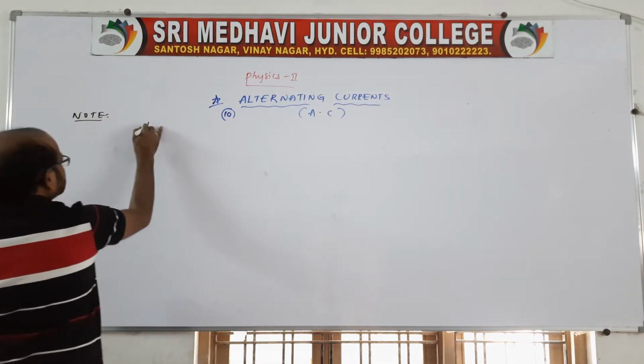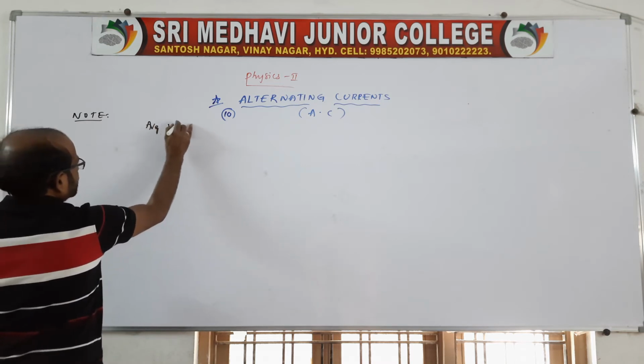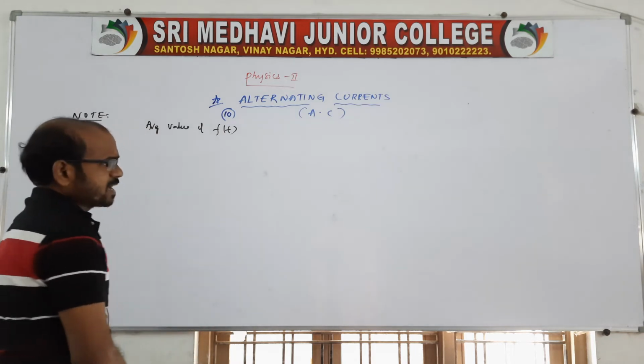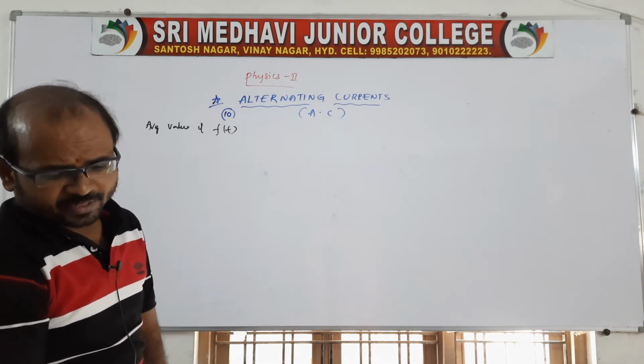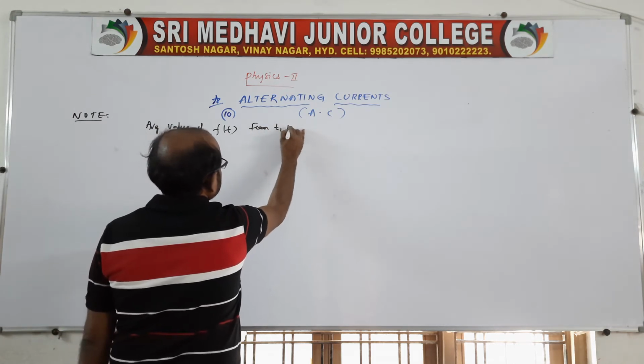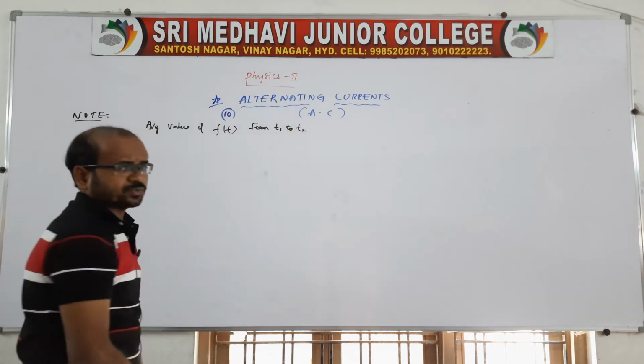The average value of a function f of t in mathematics, we can write like this, from t1 to t2. The times are given as t1 to t2.